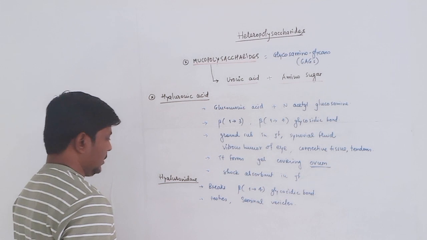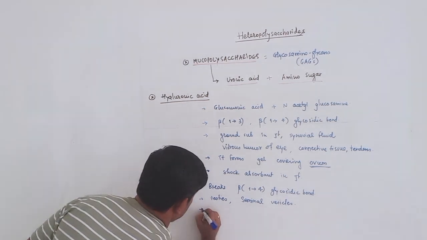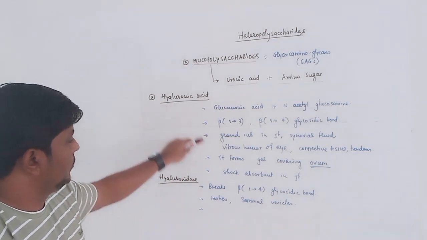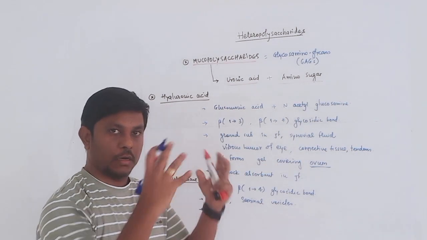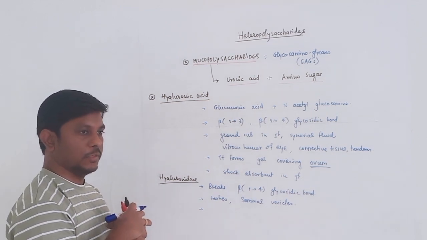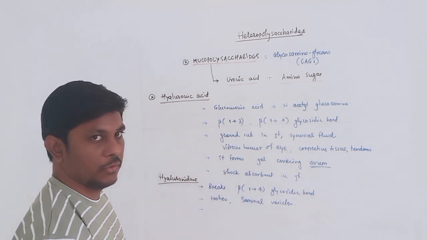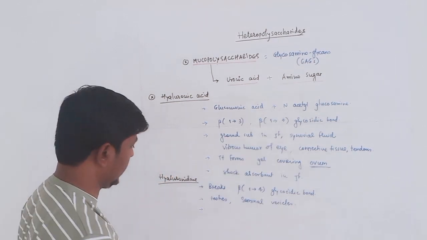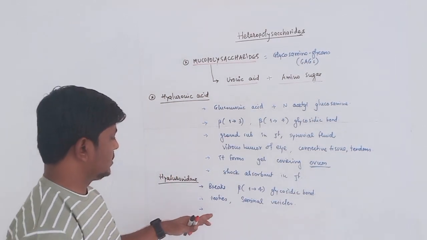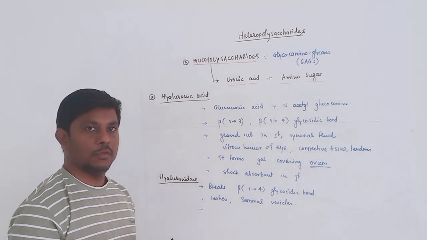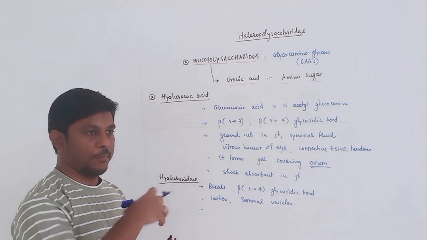Again, what is the other function? The hyaluronic acid forms the gel around the ovum, and this hyaluronidase destroys that gel-like covering surrounding the ovum. How is that happening? This hyaluronidase is present in the head portion of the sperm. There is a cap over the head portion.